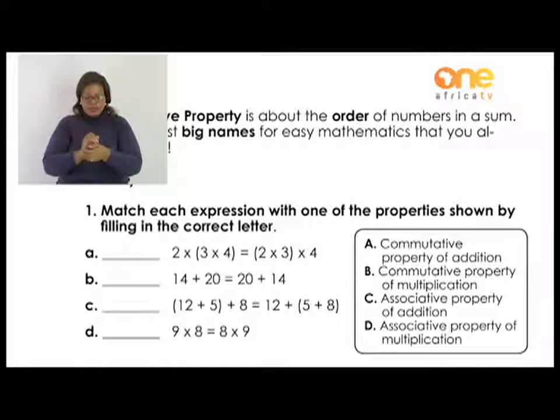So, what is that? It's commutative. But now, what type of commutative is it? Is it multiplication or addition? Yes, it's addition. So B will be A.